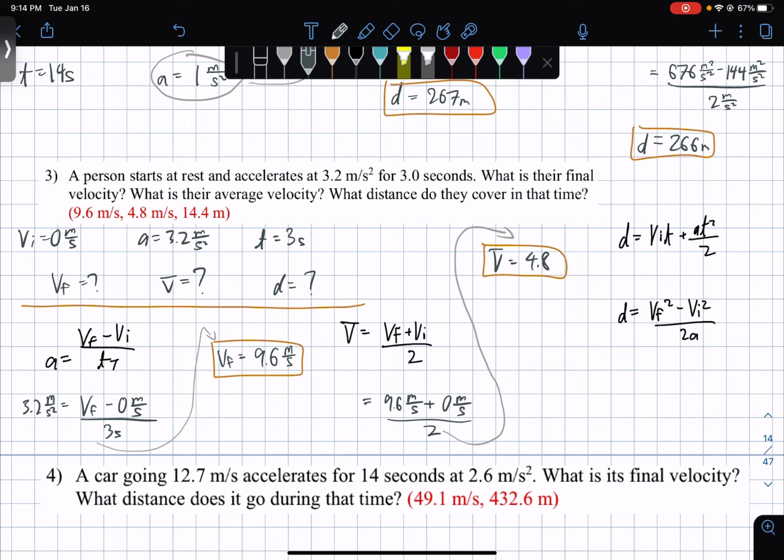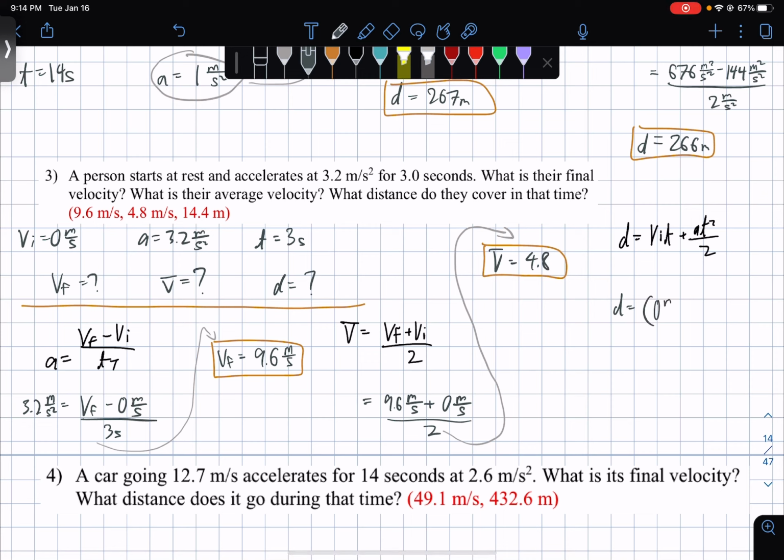Technically, we have acceleration as well as the initial velocity and the time. So even if we didn't solve for final velocity, we could still look for the distance. So let's use this. The reason is, well, I just wanted to use it.